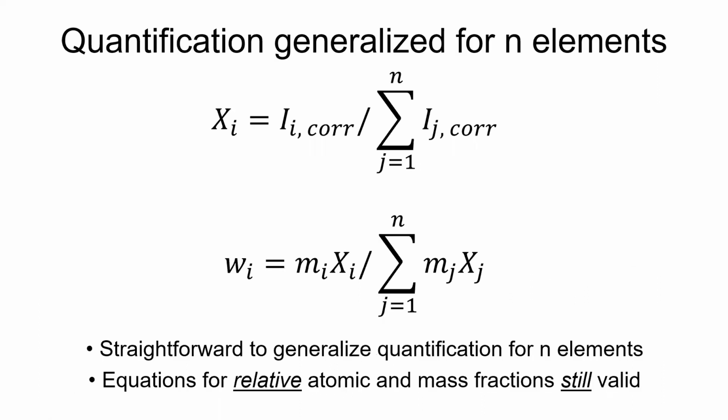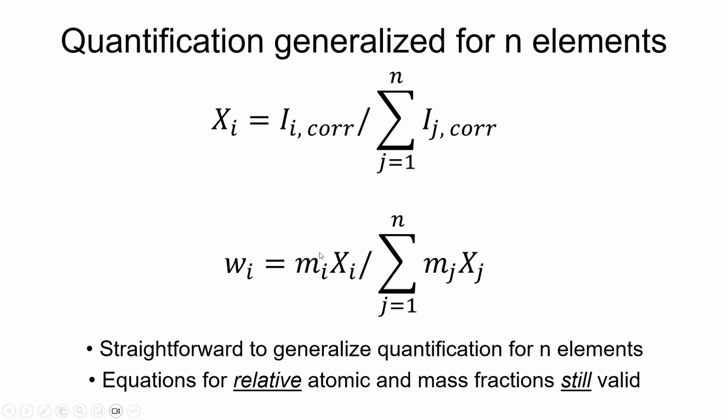Okay, so if we wanted to generalize this for n elements, because what I've shown you to this point is just 2, so it's pretty simple, your atomic fraction for element I is equal to your corrected counts divided by the sum of all your corrected counts of all the elements present, okay? And then if I want to convert that to a weight fraction, I just do the atomic mass of element I times the atomic fraction of element I divided by the sum of the products of the atomic mass with the atomic fraction of all the elements present in the quantification, okay?